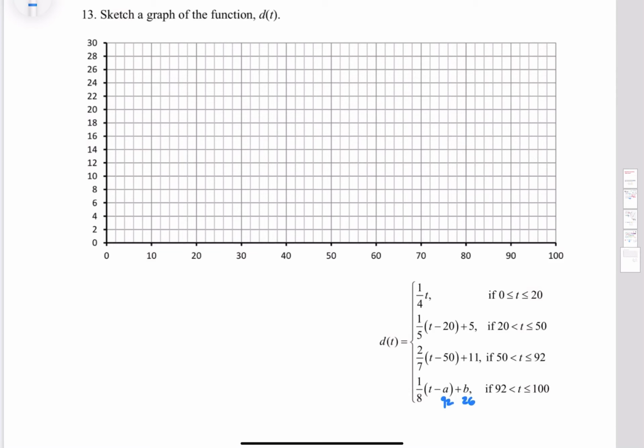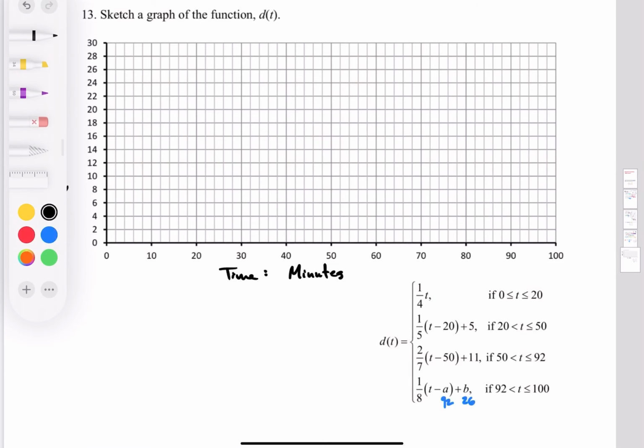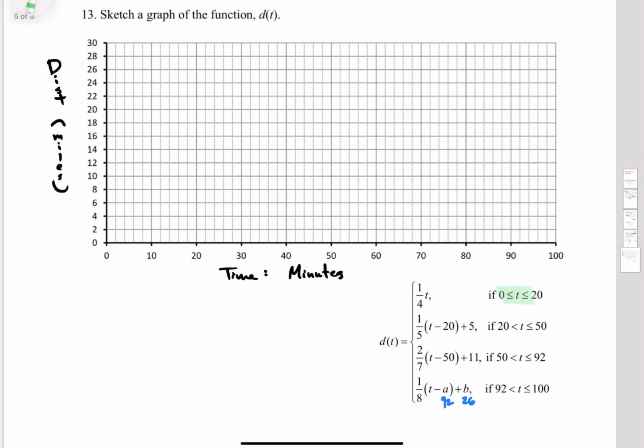Okay, so we're going to go ahead and graph this, and like before, we got to label our axes here. The x-axis is going to be our time in minutes. Okay, so this is our time, and our y-axis is our distance in miles. Now I'm going to take a look at my intervals, and our first interval is between 0 and 20 minutes.